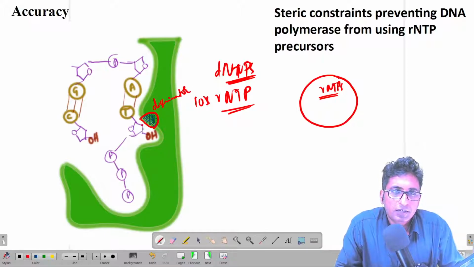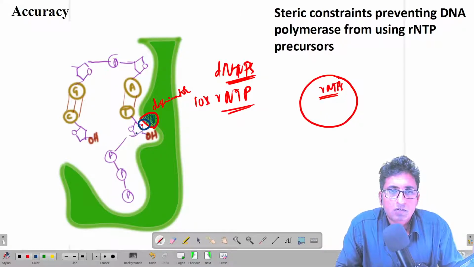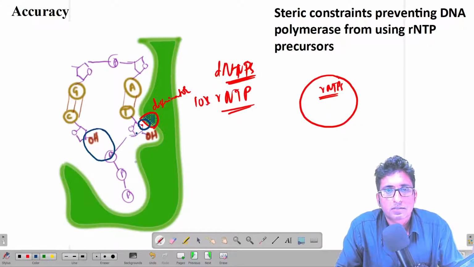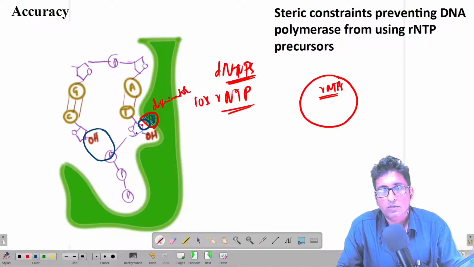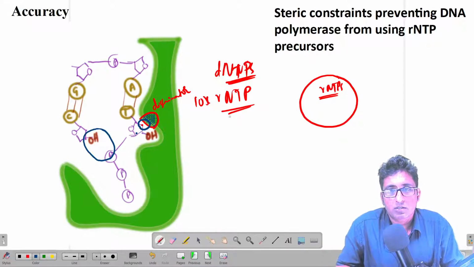If there was an OH present here, it would not fit into the active site properly, because of which again we would not have any phosphodiester bond formation. That is how the rNTPs are eliminated, and only dNTPs get polymerized into the DNA, into the growing primer.